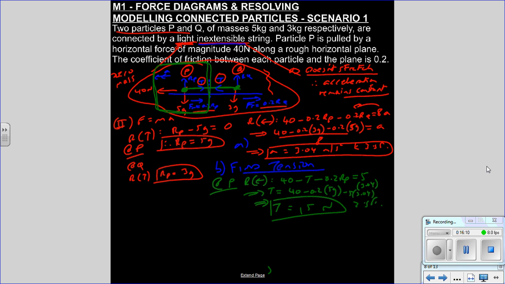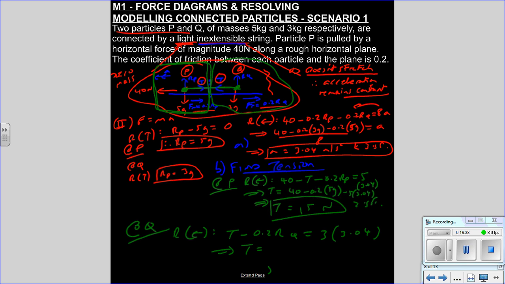You don't believe me, do you? Okay, fine, fine, fine. We'll prove it. Again, going left this time, then at Q. Let's pretend we're just doing it at Q. I'm only going to do this once to illustrate it. Force is going left because it's accelerating left. Tension's going left. Opposing force is our friction, equals our mass, which is 3, times our acceleration, 3.04.